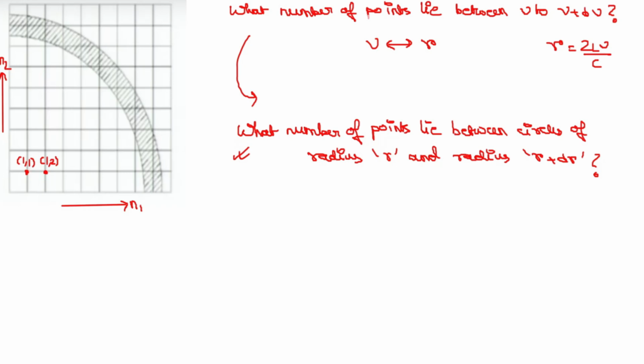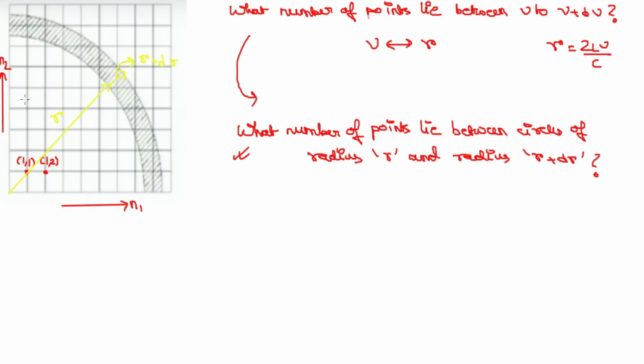So what I will do is, I'll draw a circle of radius r. So this is my circle of radius r, this is r, and then I will draw a circle of radius r plus dr, which is this one. This radius is r plus dr.